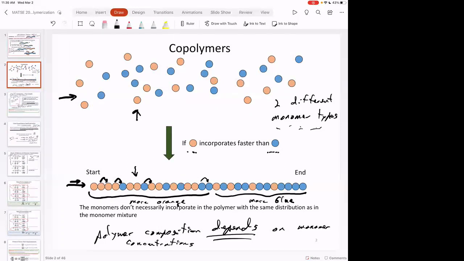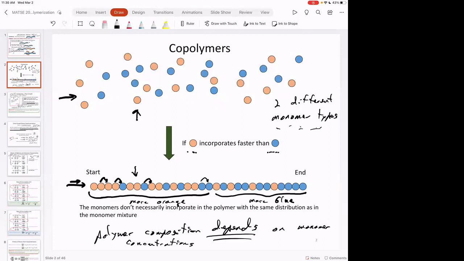We get to control that. We get to put in whatever monomer mixture we think, and it doesn't always have to be equimolar. It can be 50-50, it could be 90-10, 85-15, whatever. Of course, the mole fraction has to add up to 1, or our percentage has to add up to 100.